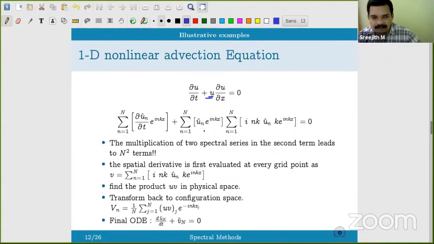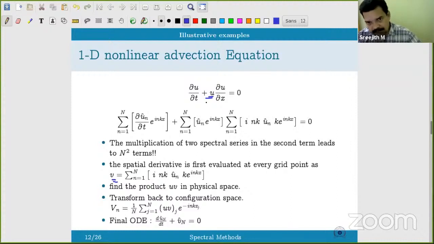So we transfer back. We first find the derivative ∂u/∂x. Say v is equal to the sum from n = 1 to N of i n k u_n e^(inkx). That will give the derivative. Then we transform back to real space, or physical space, and find the product uv, and then it is transformed back to the configuration space.